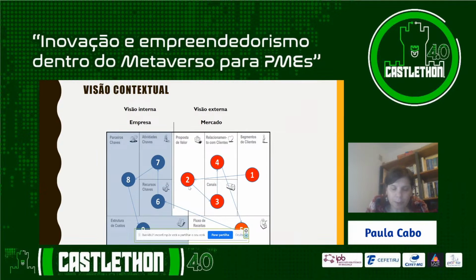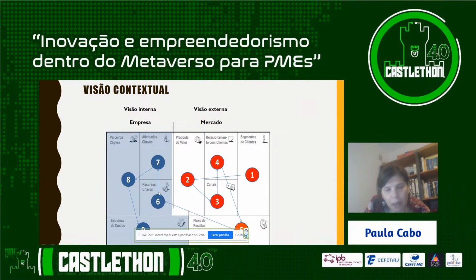This value proposition will be delivered. The customers will have access to this value proposition through the channels, market channels, and we will connect with our customers through a relationship that will be performant in order for us to interact with the customers, to have feedback, to communicate with them, and all will result in a flow of revenues.